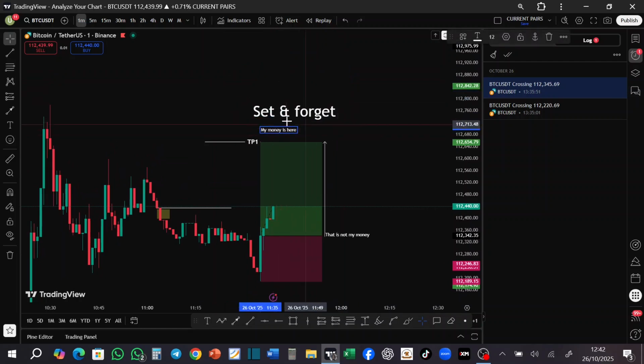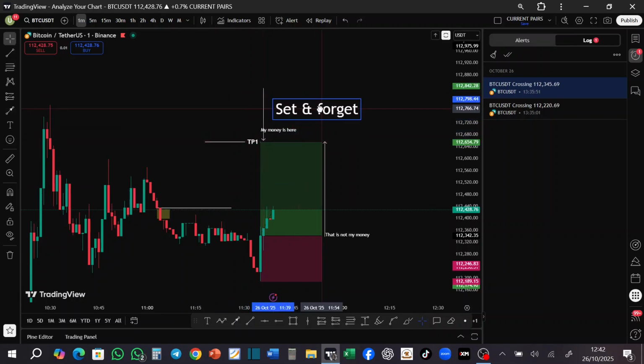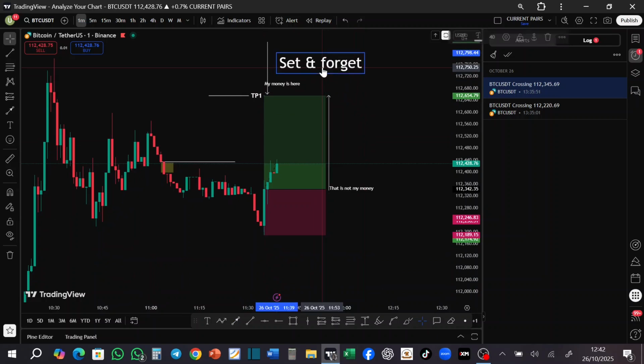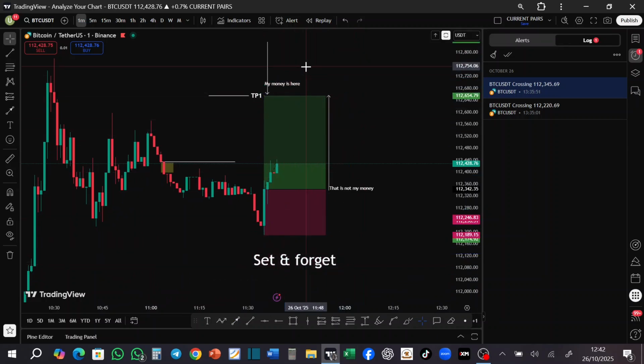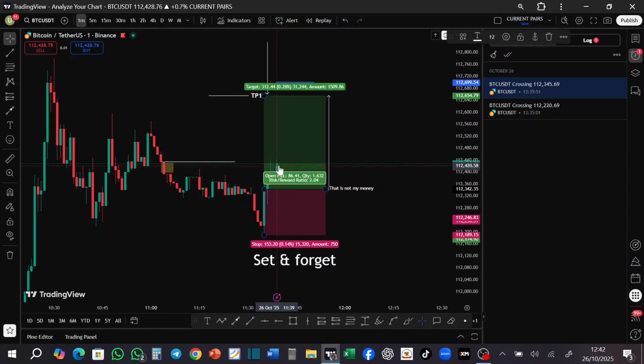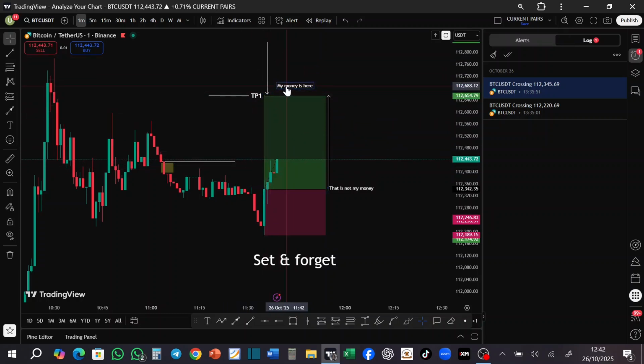So I'm going to show the arrow here. When price reaches here, then I know that I have the money. But before price reaches here, I do not have the money. So any money that I'm making from this movement up to there, it's not mine, until price reaches here, that's where I'll say that's my money.